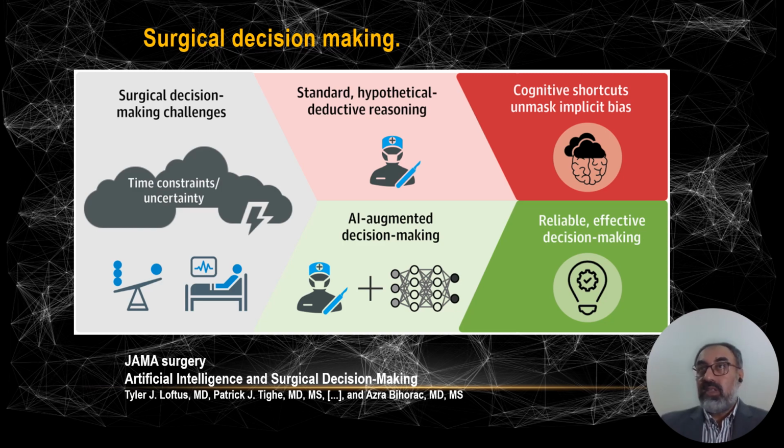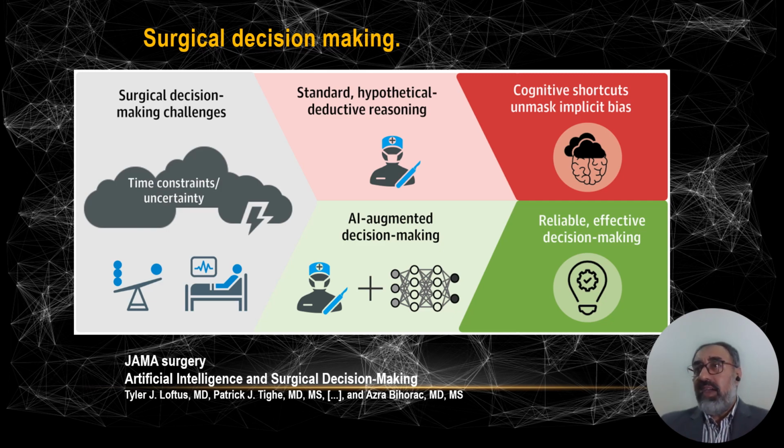Normally in surgical decision making, we have time constraints and sometimes uncertainty. We have standard hypothetical deductive reasoning, cognitive shortcuts, or unmasked implicit bias when we talk about decision making.